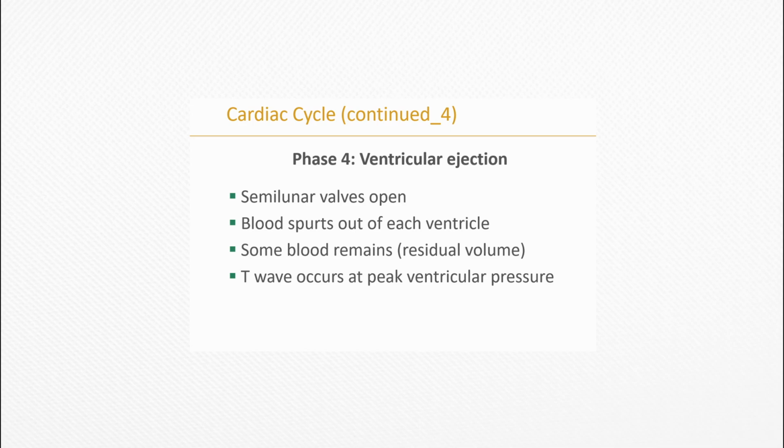And phase 4, ventricular ejection. So semilunar valves open, and blood spurts out of each ventricle. Some blood remains, like residual volume. Not all of the blood is ejected out of the ventricles. And the T wave occurs at peak ventricular pressure.